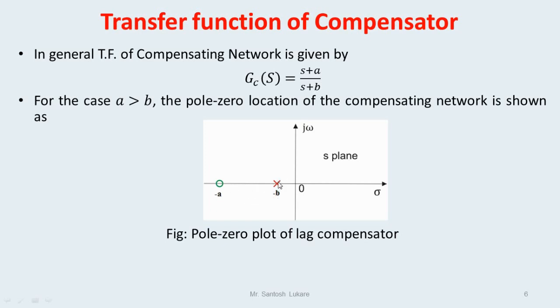It is observed that the pole is closer to the origin, or nearer to the imaginary axis. As this is a real pole, you can say that it is closer to the origin, but if it is a complex pole, then it will be nearer to the imaginary axis. Both are applicable. Here the zero is more away from the origin, and as we know, poles are responsible for stability.